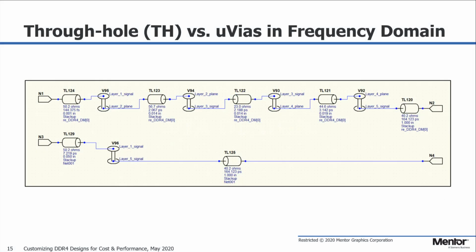We'll take a look at two VIA configurations in frequency domain. The one on the top is using the micro vias, and the bottom topology is using the through-hole via with the breakout trace of 50 mils transitioning to 1 inch of trace on layer 5. The micro vias topology also transitions to layer 5.